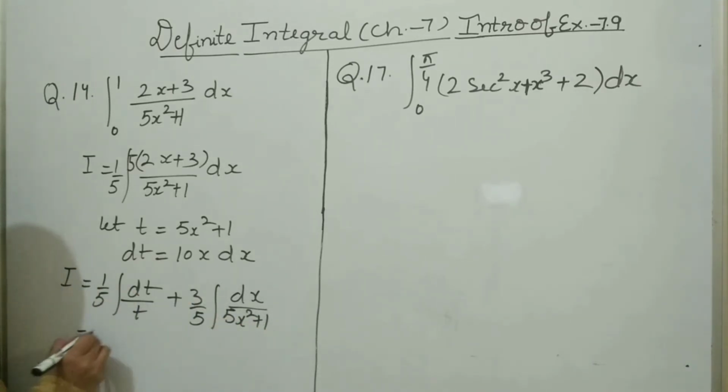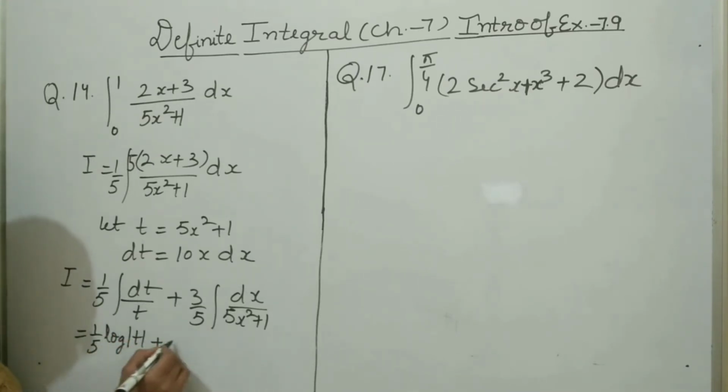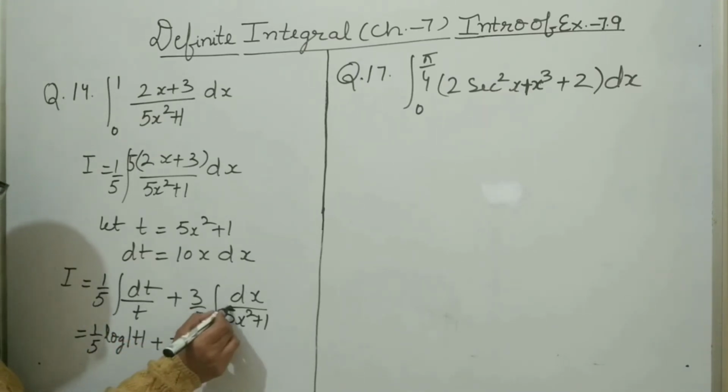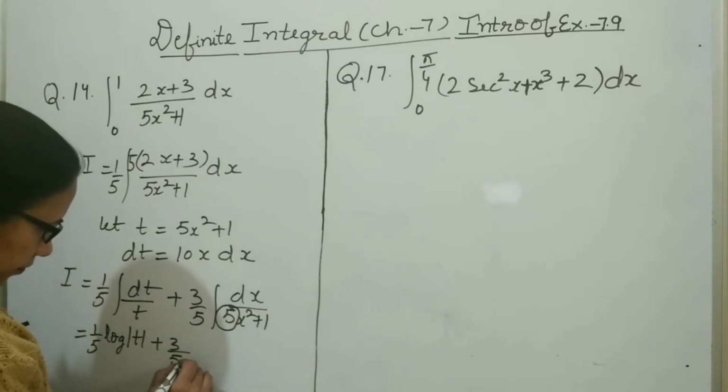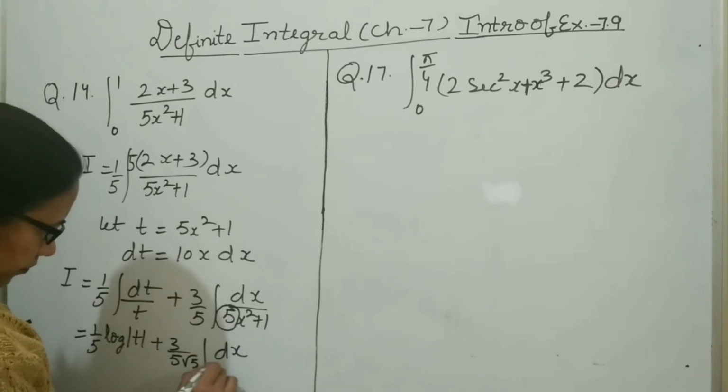Then its integration comes out to be 1 by 5 log of mod of t plus 3 by 5, we take this 5 outside, plus 1 by root 5.